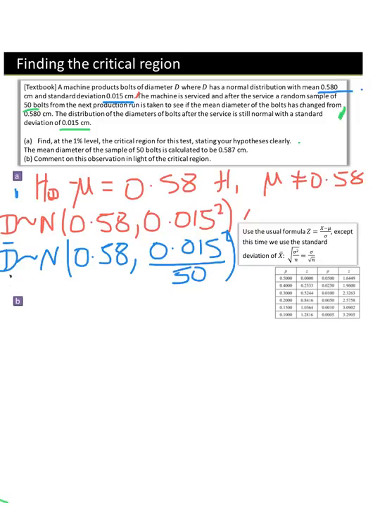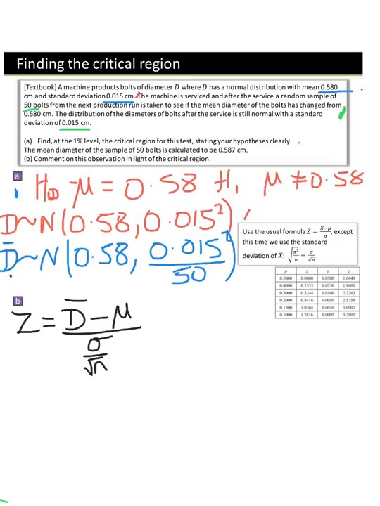Now, because we want to find a critical region, we want to standardise our distribution for the sample mean. So that means, using the coding, we will have that Z will equal D minus the population mean divided by the standard deviation for the sample distribution, so sigma over root n.